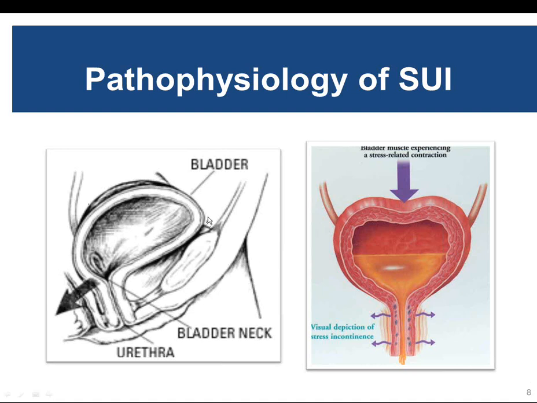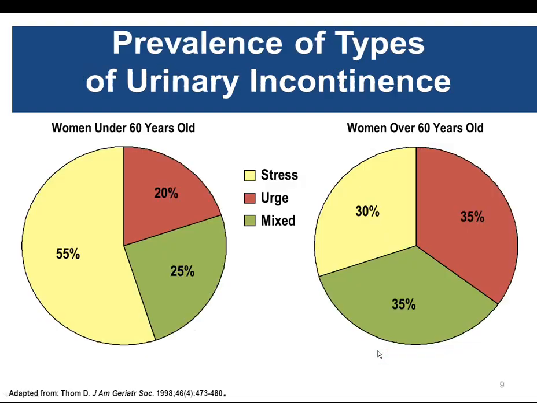And when a woman coughs or bears down or picks something up, sometimes the bladder will descend, and this, which is the urethral sphincter, will open up and sometimes cause a loss of urine or a few drops of urine. And that's what this picture is depicting here, that as pressure increases here, this relaxes and results in the accidental loss of urine. And again, this is a stress incontinence picture.